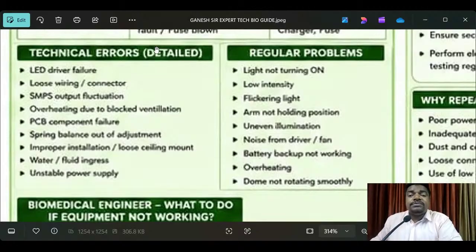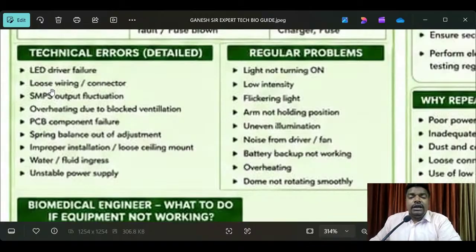Technical errors do not come regularly, only in very rare situations. When you get a technical error, you have to find out the issue and resolve it. For that purpose I'm sharing this. Let me go one by one through the technical errors of the OT light. First, LED driver failure.